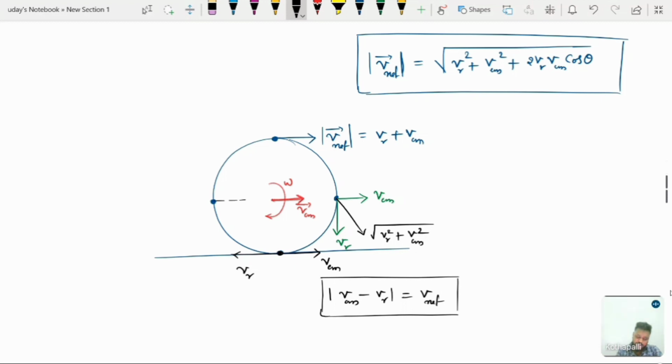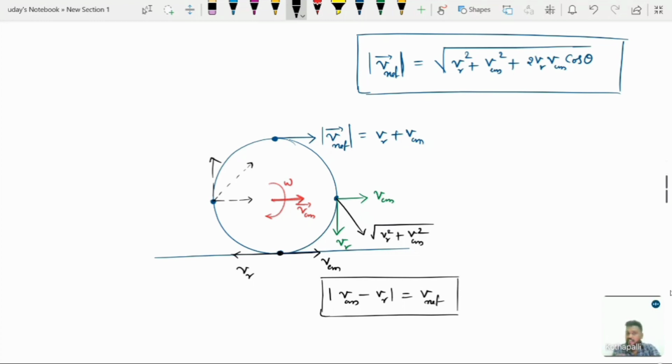And this point also will be directed like this. So the net velocity of a point on a body which is in rolling motion will always be the resultant of the velocity due to its rotation and the velocity due to its translatory motion.